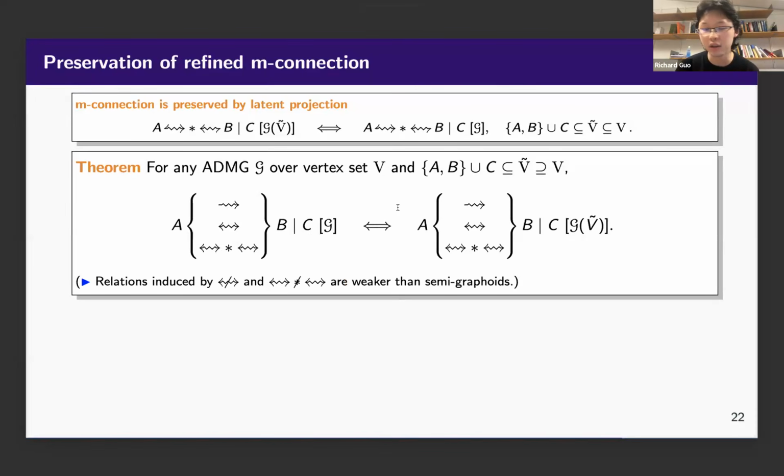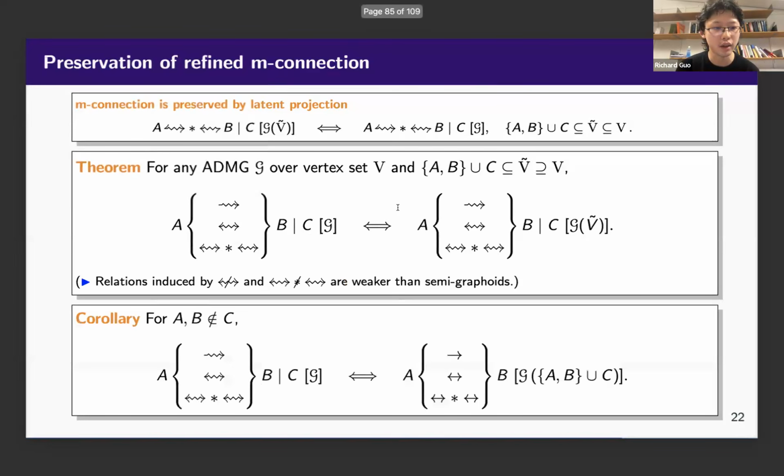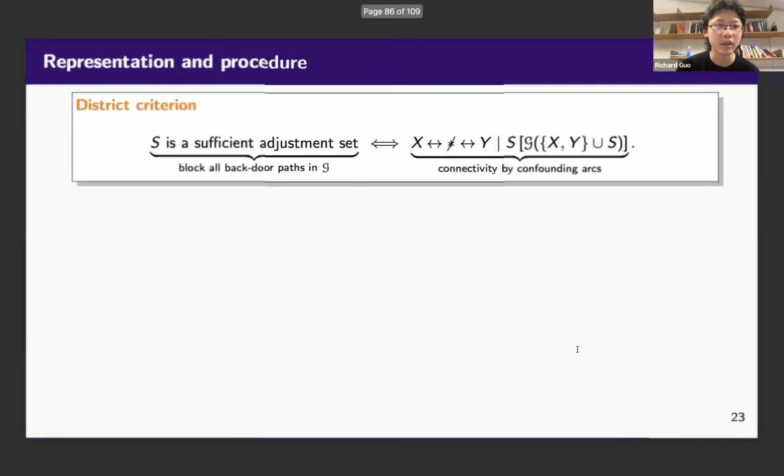And what our procedure relies on is a simple corollary of this theorem: if we take the latent projection only onto A, B, and the set of variables C, then a directed arc becomes a directed edge, a confounding arc becomes a single bidirected edge, and a confounding path becomes a bidirected pathway. And this leads to what I call a representation.